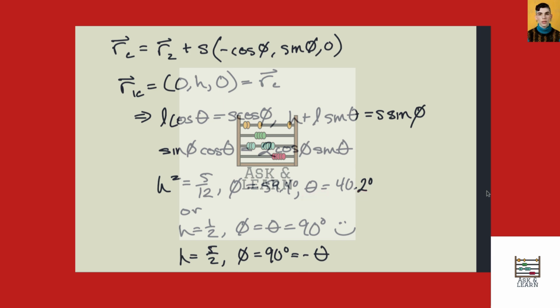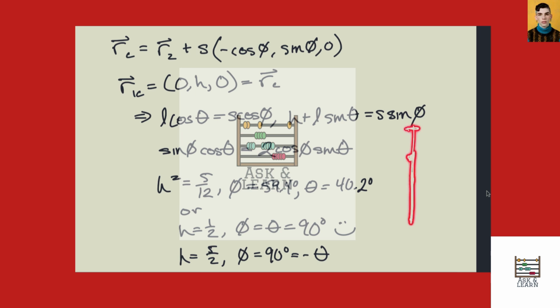Now, you could also say there are some other very trivial solutions here. If phi and theta are both 90 degrees, that means h is 1/2. That means the cable is straight down, and the rod is back up.